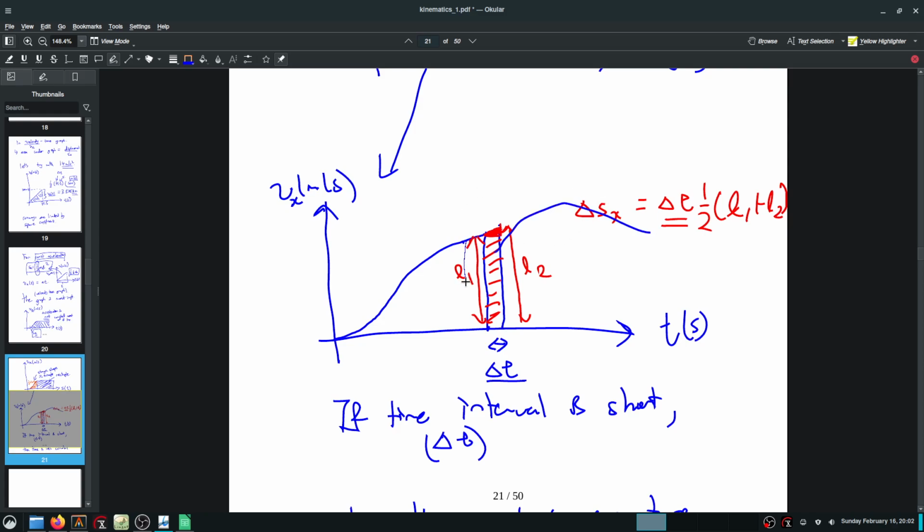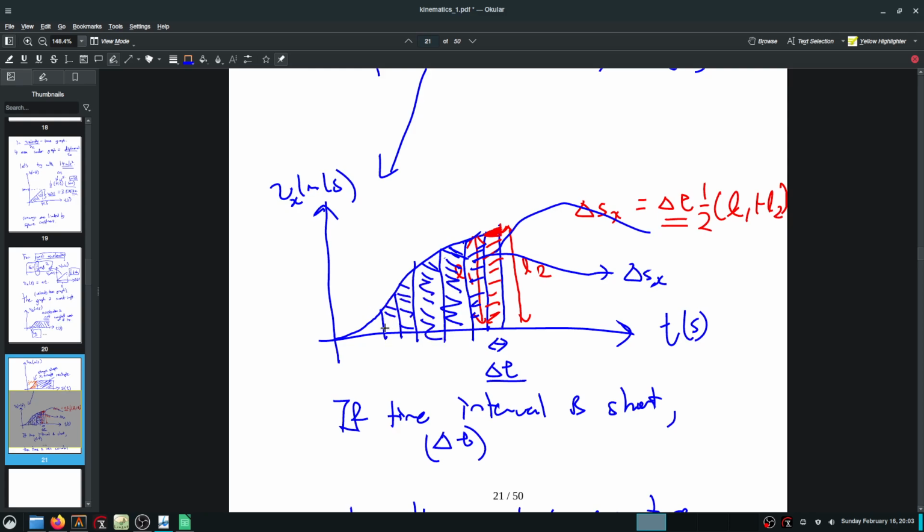Next thing I'm going to do is cut this one up again and use the trapezium formula again. I'll calculate another delta Sx. Cut this here, calculate again. Cut this here, calculate again.